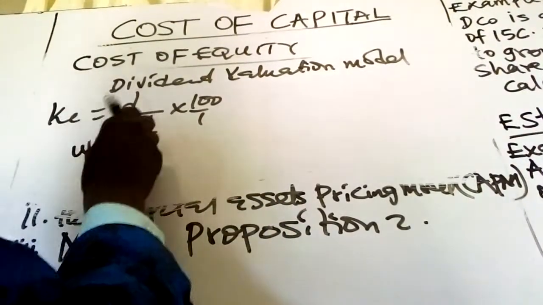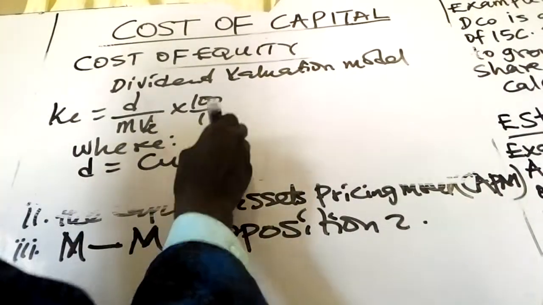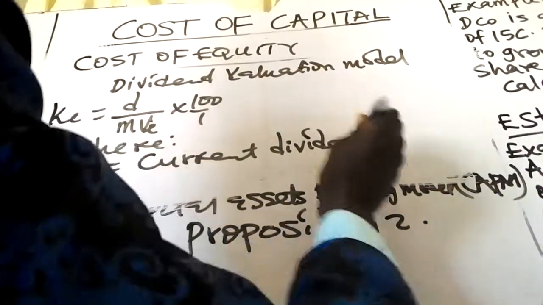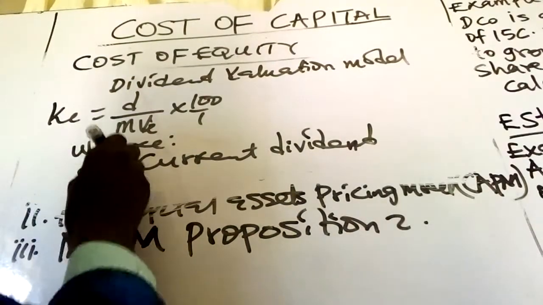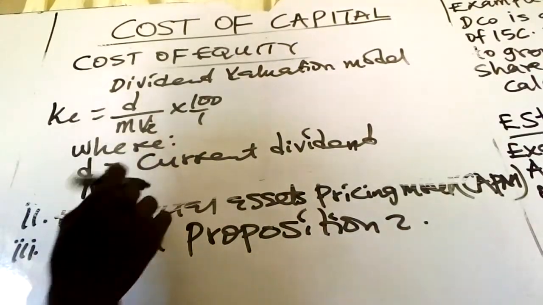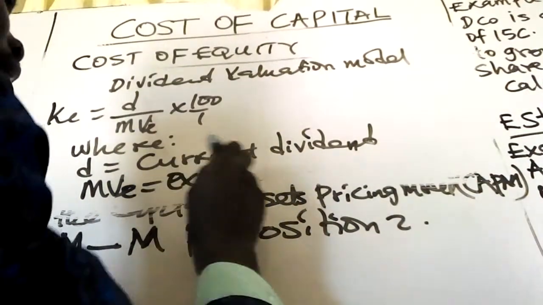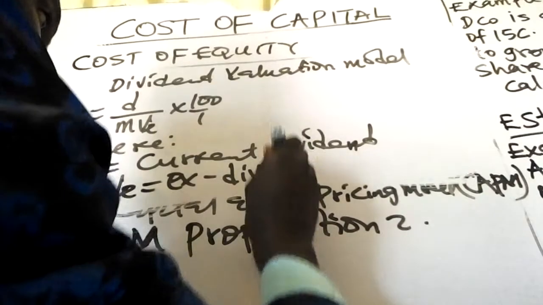Where D is current dividend. And MV, market value of equity. And the market value to consider must be ex div, that is ex dividend. The full form is ex dividend.